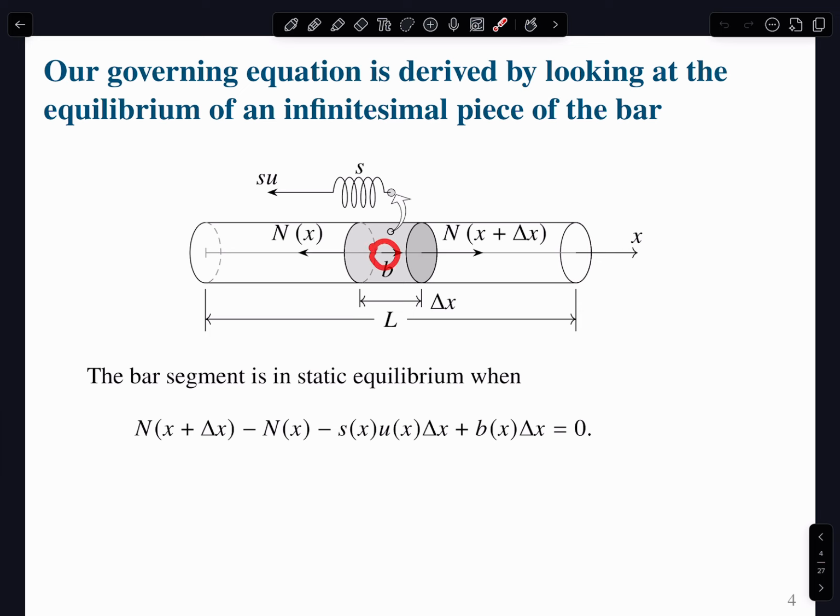So we have a load per unit length b, right? In order to get the entire amount of load that is produced by this load per unit length, of course, we have to multiply that by delta x. This is this term here. And we are going to assume, and this is something new because you have not seen this in the nonlinear mechanics course, right, that our bar is constrained laterally, right?